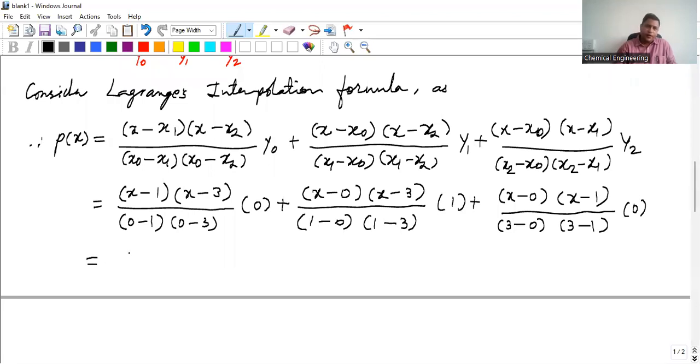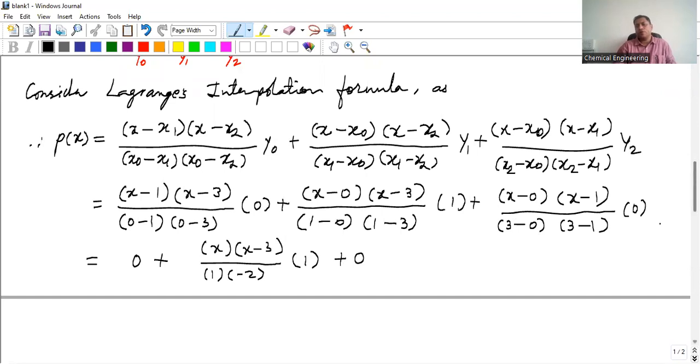Good. Okay, so here this term is going to be 0. So this is 0 plus here you will be having x and x minus 3 upon, what is the term you will be having here? 1, and this is minus 2. And here we have 1. Okay. Now see, this term is again 0 because we have 0 here.